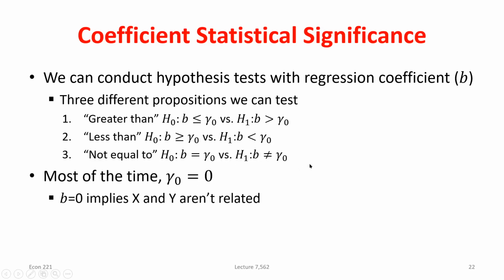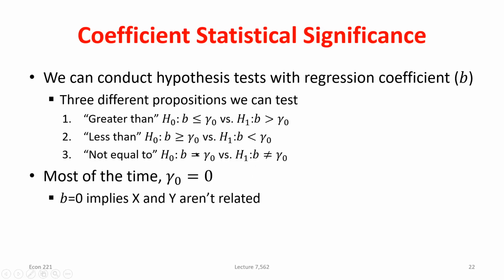So what we're always going to start out assuming is that the relationship between these two variables, x and y, is 0. In fact, everything we're going to do, we're not even going to use a right or left-tailed test. All the examples that we're going to work with, we're always going to start out with: is this coefficient not equal to 0? Or we're assuming that it is equal to 0.